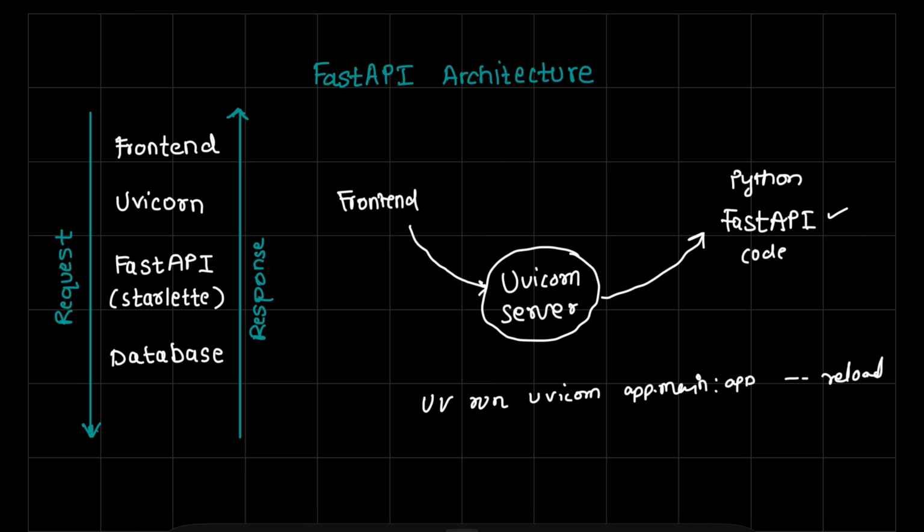This port is whatever you give, like 8000 or 8080 or any port that you are giving. So the Uvicorn server opens the network socket as soon as this command is executed, and then the socket gets bound to your particular port. That's how the Uvicorn server functions.